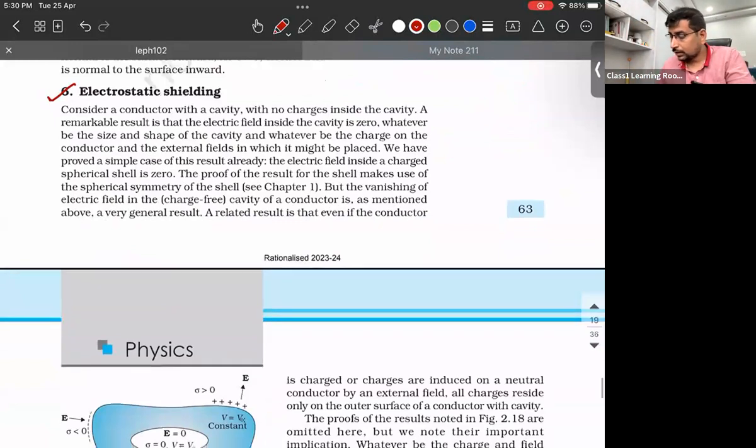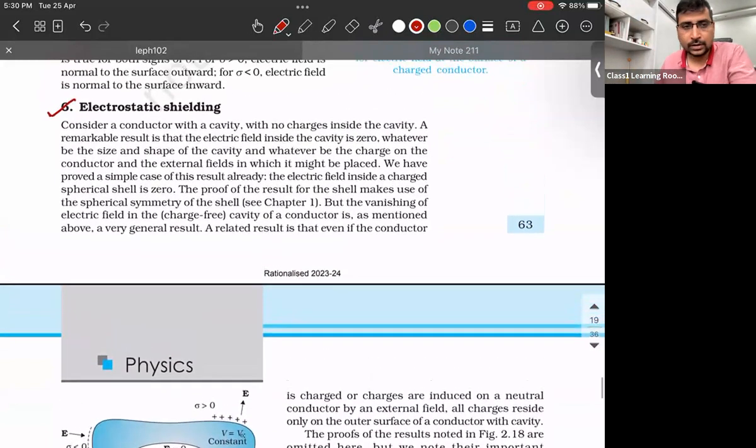If we consider a conductor with a cavity with no charges inside the cavity, then we can observe a remarkable result. That is, the electric field inside the cavity will also be zero. So what are you considering? You're considering a cavity, a hollow space where there are no charges.